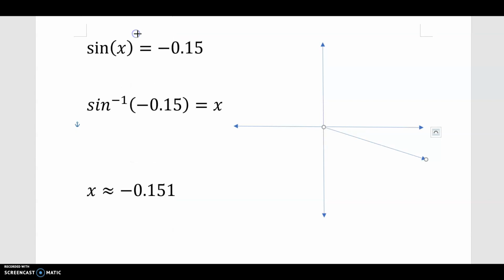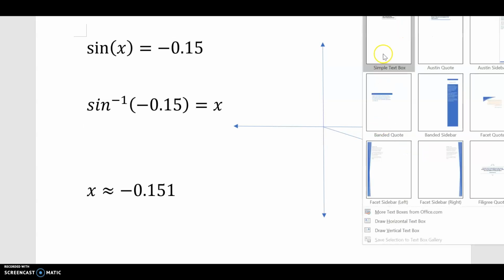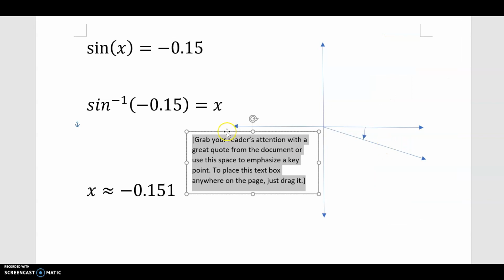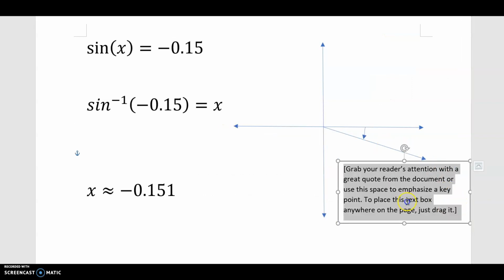Okay, there you go. So there is my angle. This is a clockwise rotation because it's a negative angle. And the reference angle of this particular part here, let me add a simple text box, make it really small.